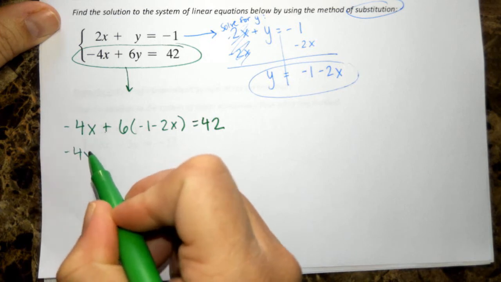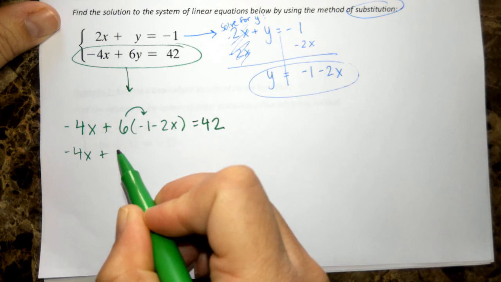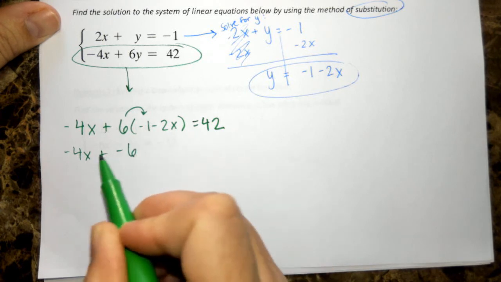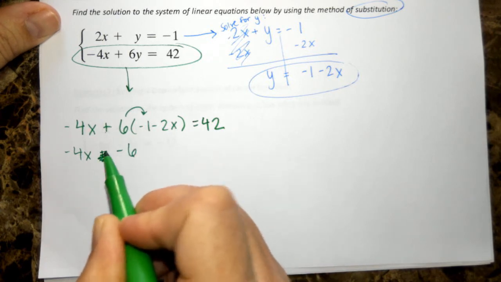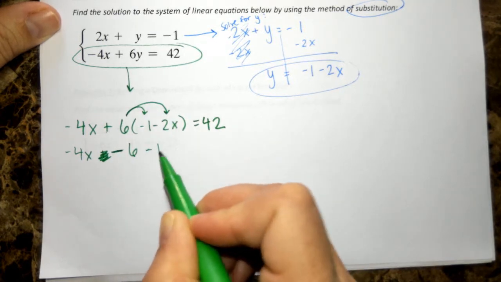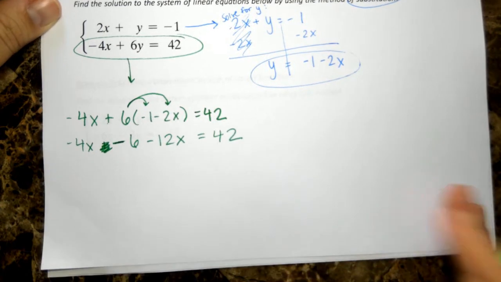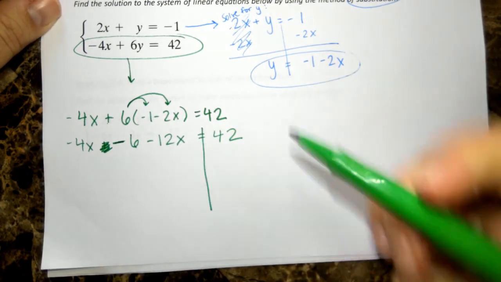Negative 4x, and we'd have to distribute: 6 times negative 1 is negative 6. Let me leave off that plus sign, minus 6. 6 times negative 2x is negative 12x, equals 42. And then we combine like terms.